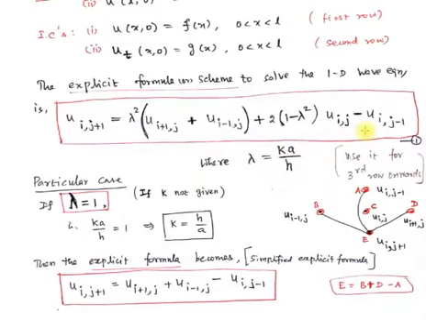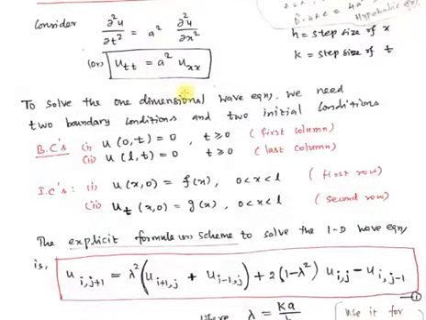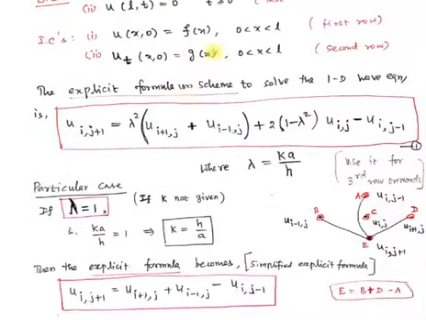Here a² is the coefficient of u_xx, so we find a. We know that h is the step size of x and k is the step size of t.